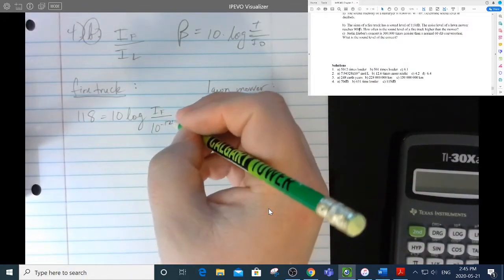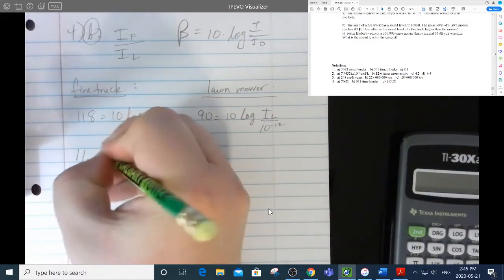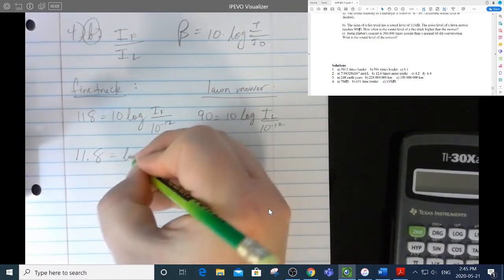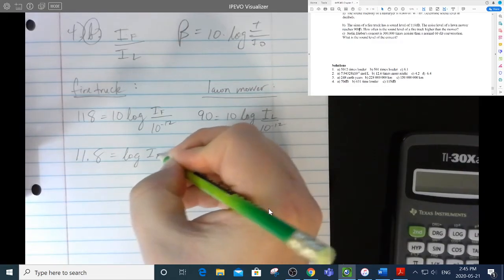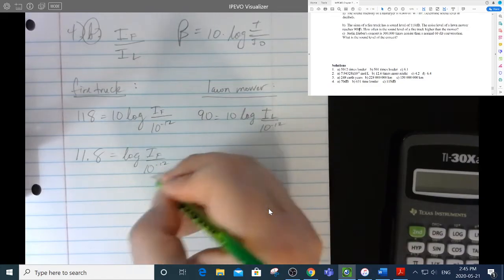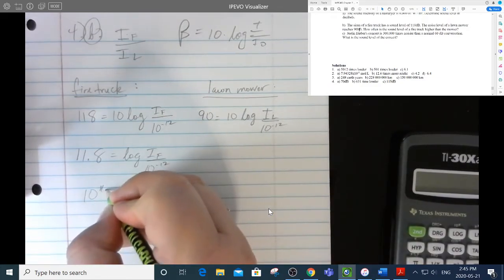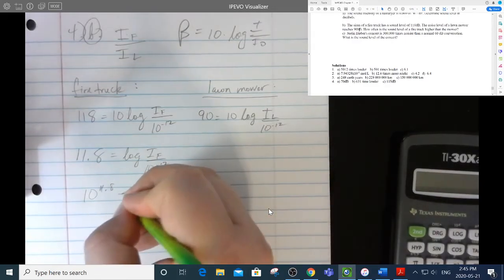So I'm going to divide both sides by 10. Okay, then this whole thing is the argument. The base is 10, and the exponent's 11.8.